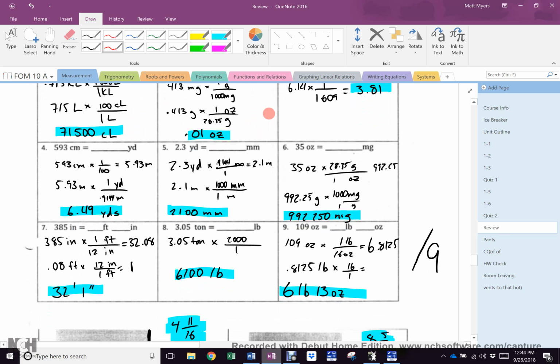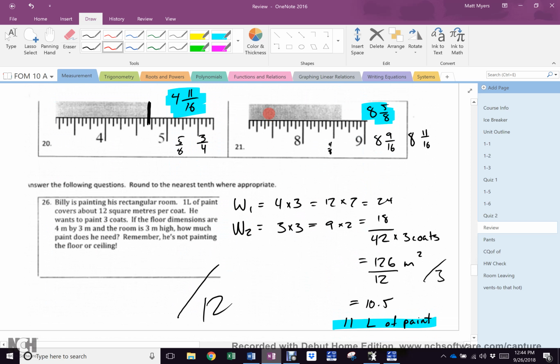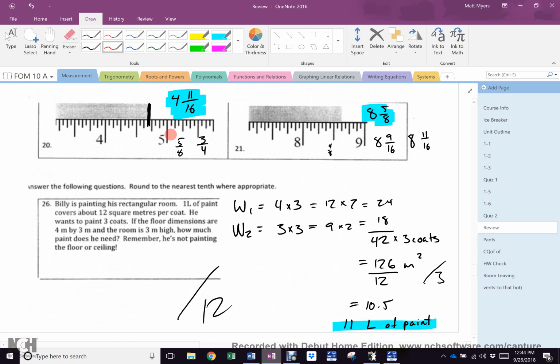Moving along. I will accept for these two rulers 4 5/8 to 4 3/4 and 9/16 to 11/16. Any number in there because the photocopying was a little poor.